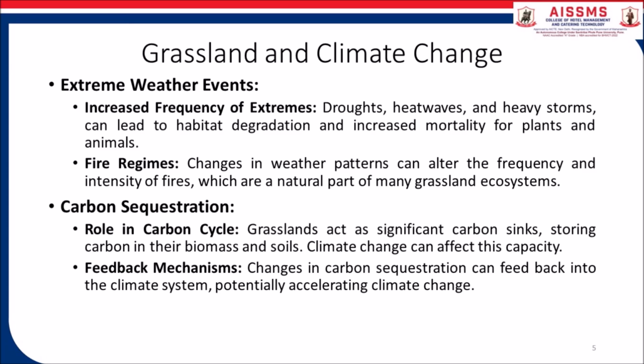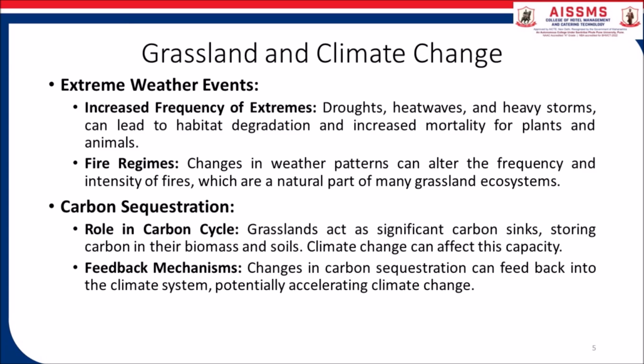Fire regimes. Changes in weather patterns can alter the frequency and intensity of fire, which is a natural part of many grassland ecosystems. Increased fire frequency can disrupt ecological balances and recovery processes.